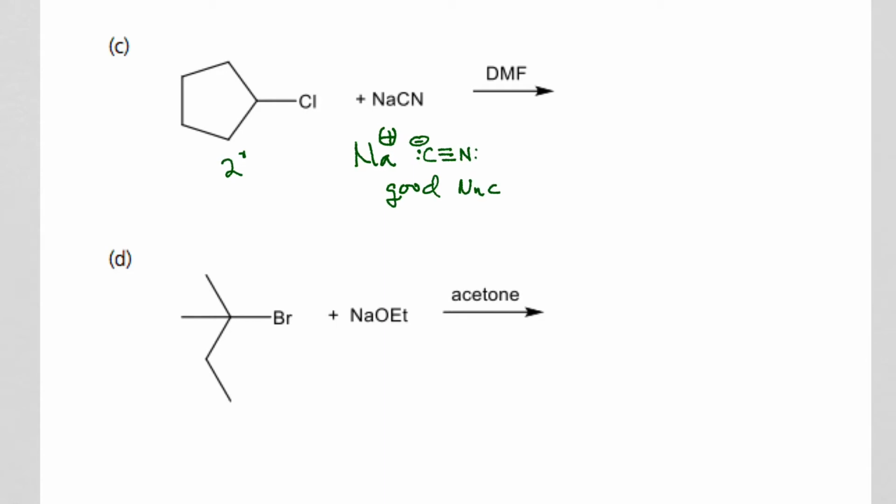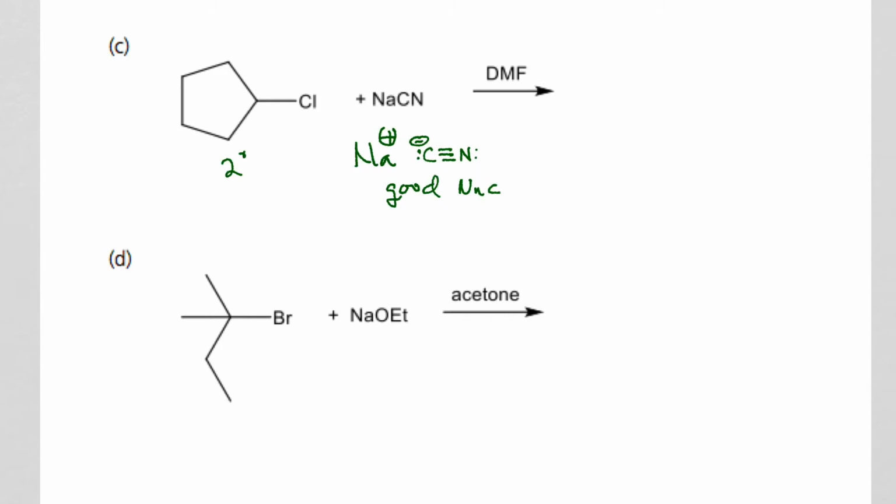So since it's the conjugate base of a relatively weak acid, it's a relatively weak base. So that means even though secondary can undergo SN1, SN2, E1, E2, because we've got this good nucleophile that's a relatively weak base, that is going to favor some kind of substitution reaction.